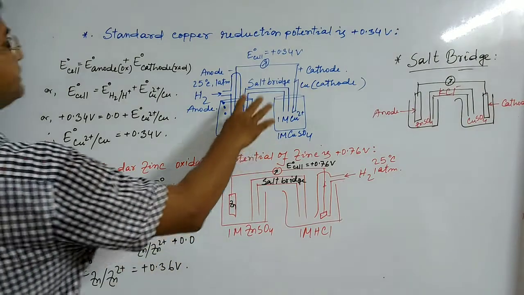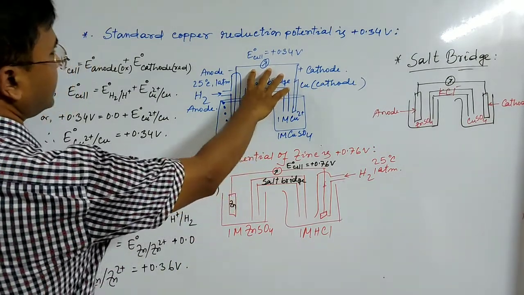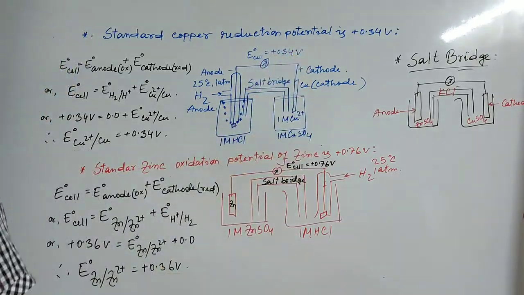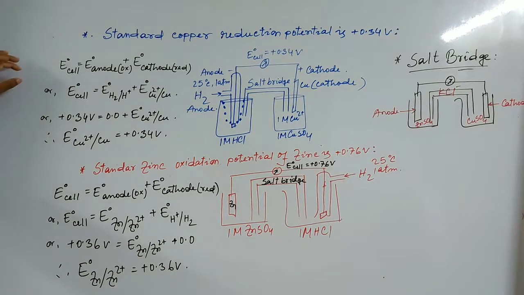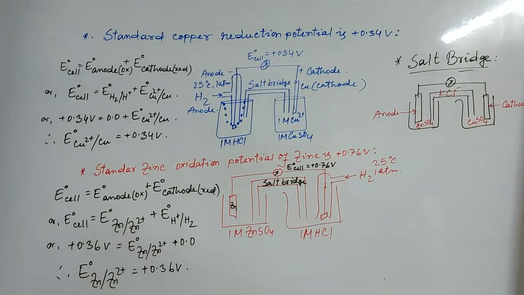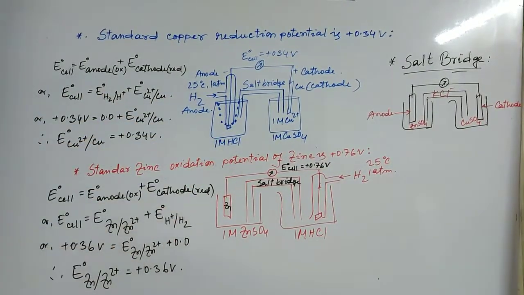Then the voltmeter gives a value of plus 0.34 volt. And according to the equation, we can write E naught cell equals E naught anode oxidation plus E naught cathode reduction. Here in the anode, hydrogen converts into H plus ion.